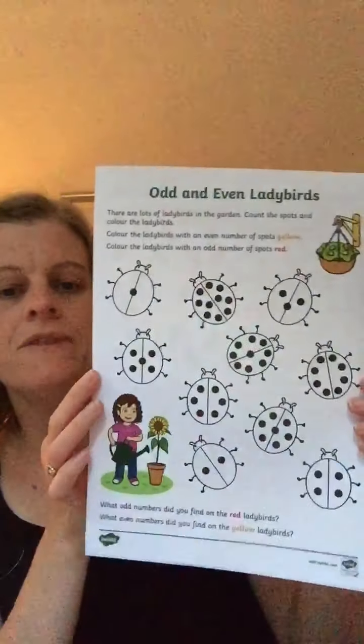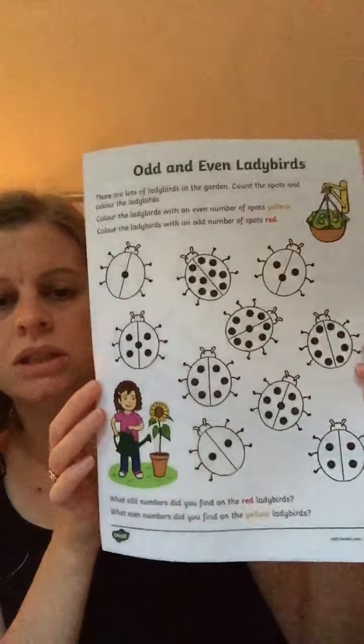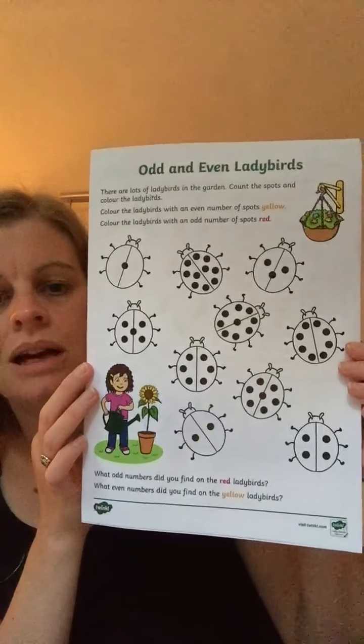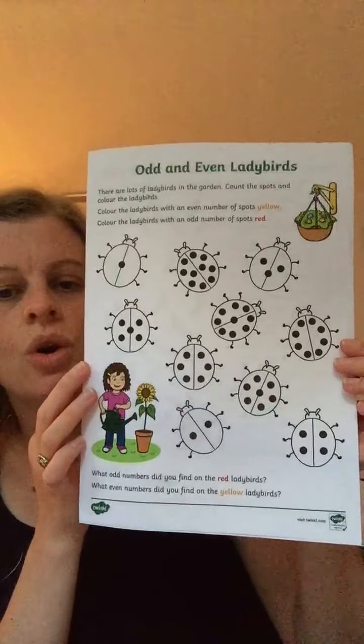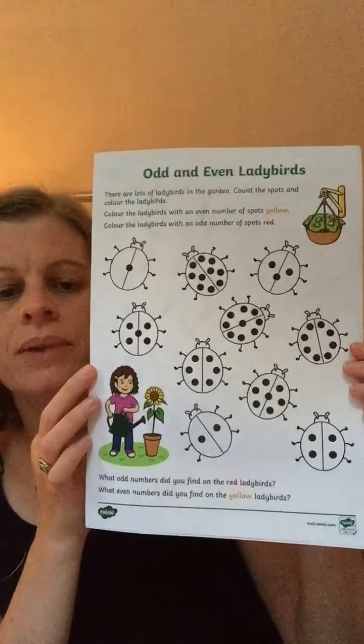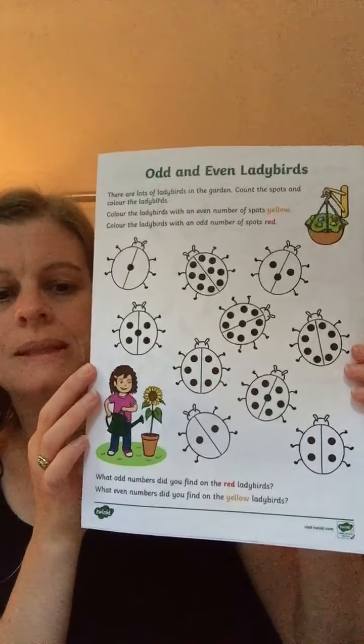So I think it's yellow for an even number of spots and red for an odd number of spots. If you haven't got these sheets, you could just pause the video now and say if it's odd or even. Point to each one at a time and decide if that's got an odd number of spots or an even number of spots. So there's that one.